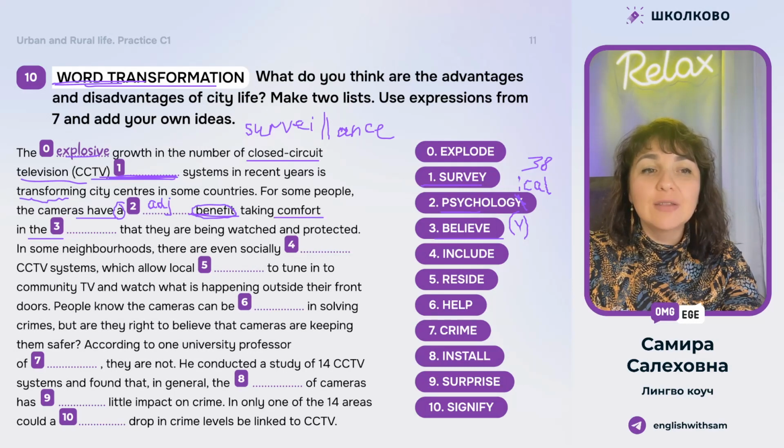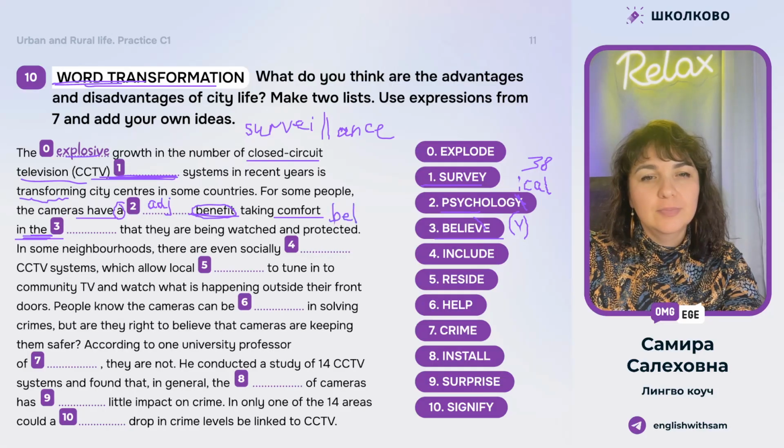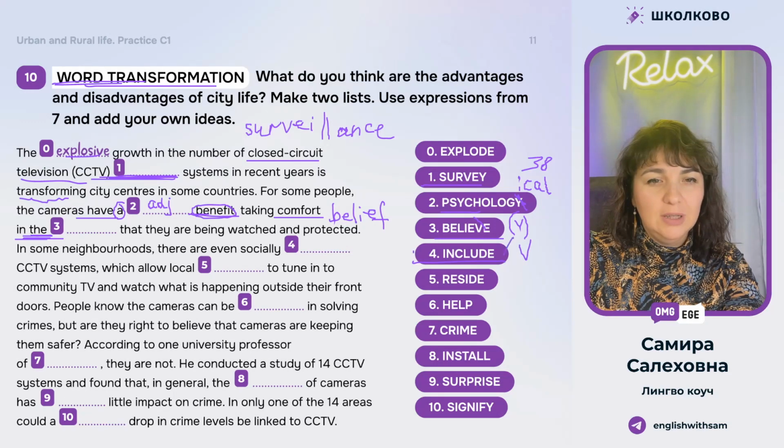Taking comfort in the, получается, вот это вера, уверование, существительное. Отлично. Belief, все то же самое. Давайте вот тут напишу. Вот так, просто F вместо VE. Вань, ты прав.